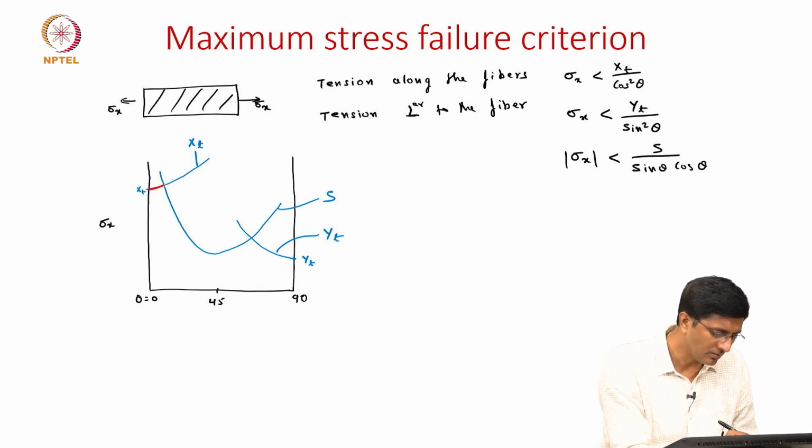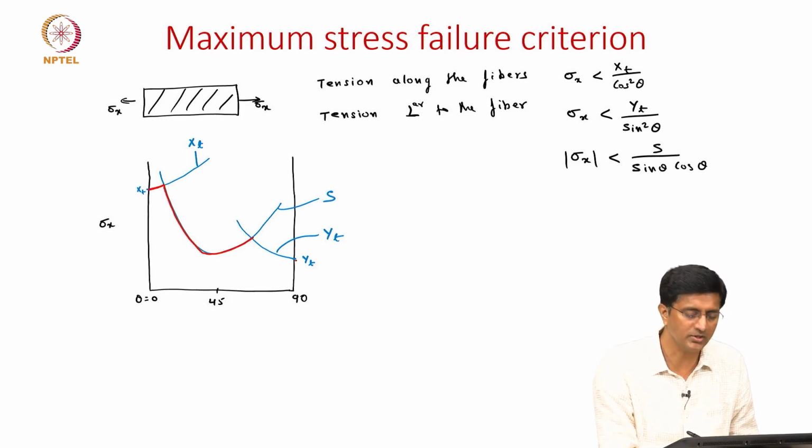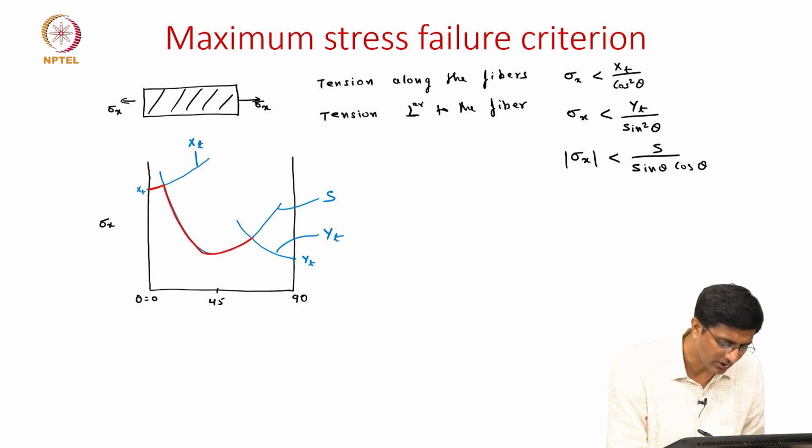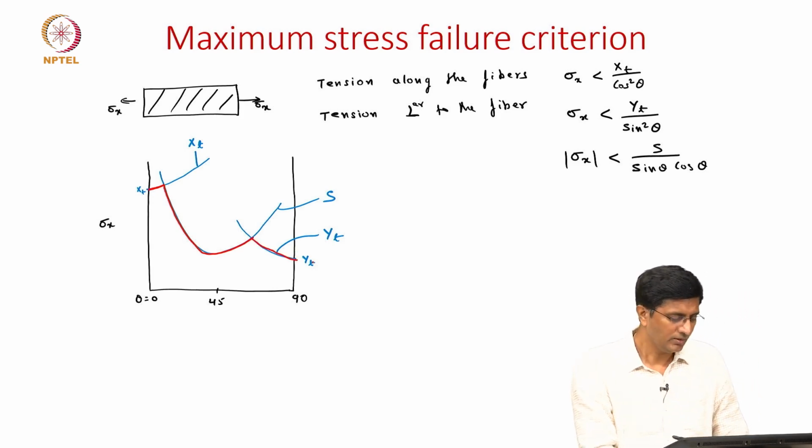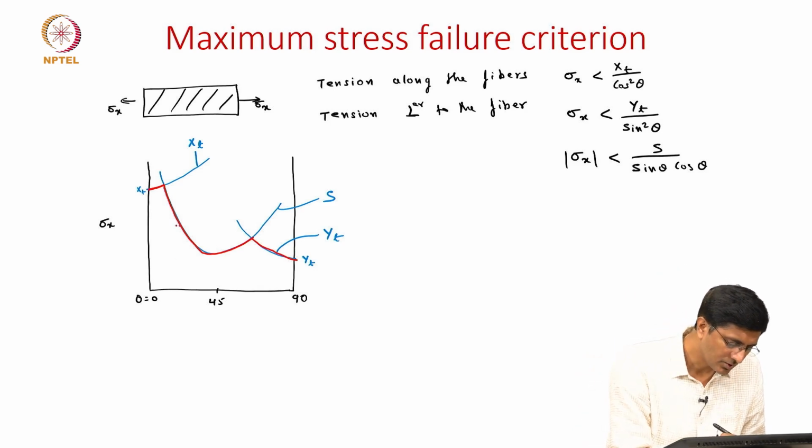But beyond this angle, we focus on failure coming from the shear strength. And lastly, beyond this angle, the failure occurs because of the transverse strength, in tension, Yt. So this should be the failure curve.